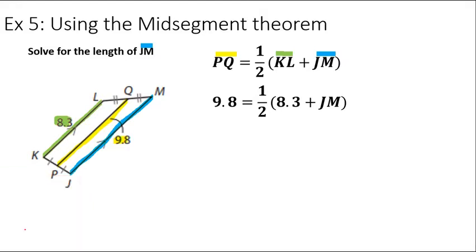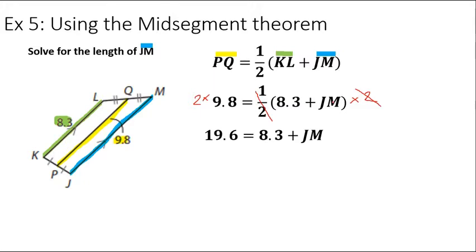Okay, so now since you want to isolate JM, the way we get rid of this 1/2 is we multiply both sides by 2. So 2 times 1/2, that means these two eliminate each other. So 2 times 9.8 gives us 19.6 equals 8.3 plus JM.